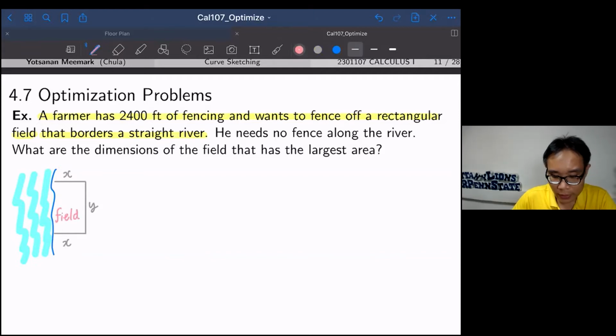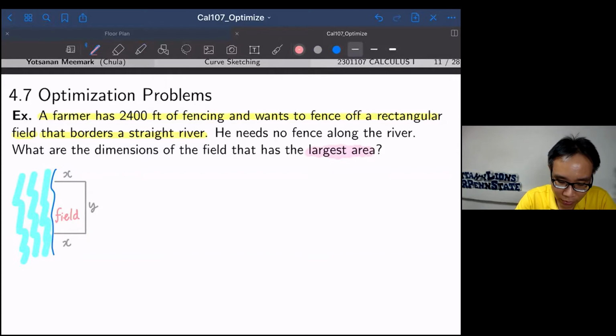Okay, and then you have 2,400 feet, and you'd like to have the largest area. Okay, so the question asks you to have the largest area. So in this case, you're going to use all of the fence that you have and try to have the largest border.